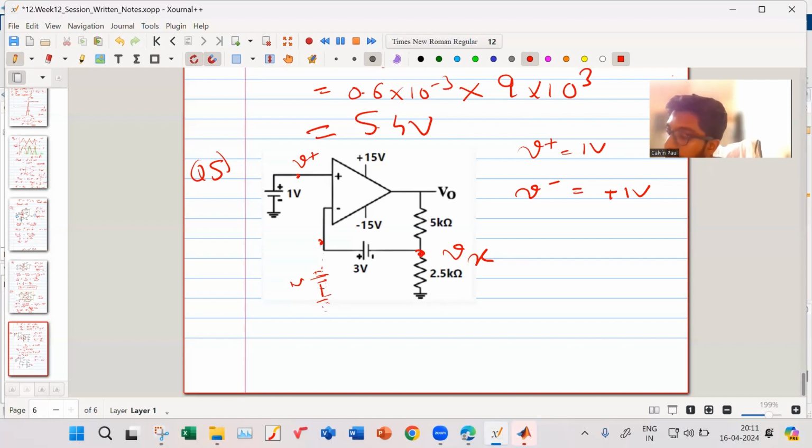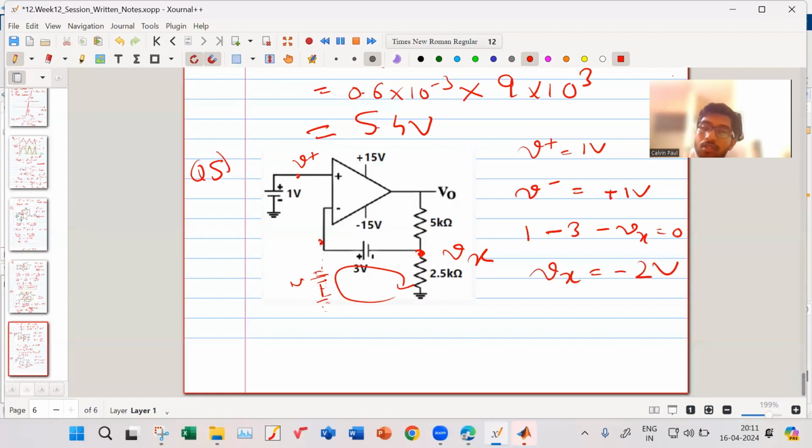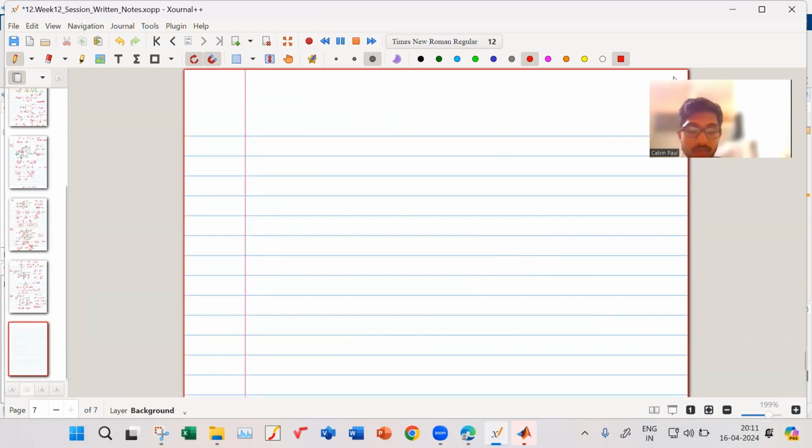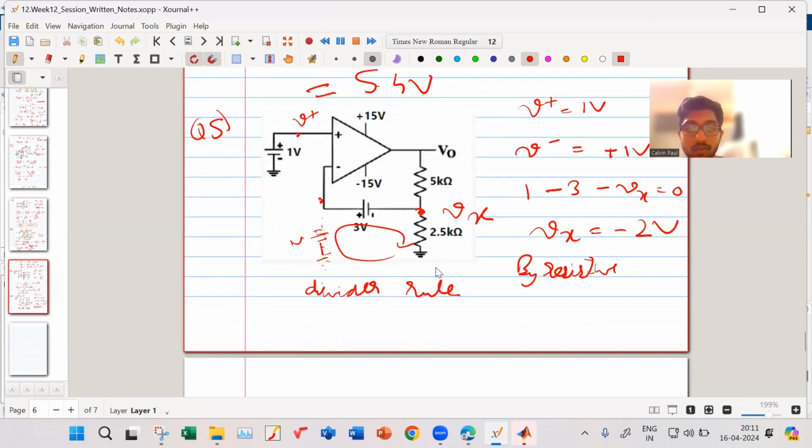This is your ground. So when you apply KVL over here, you get 1 minus 3 minus Vx is equal to 0. So your Vx is equal to minus 2 volt. Is this fine? Yes. So I got Vx is minus 2 volt. Now by resistive divider rule, what do I know?